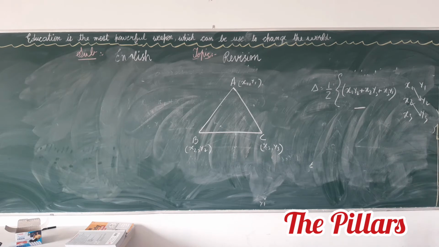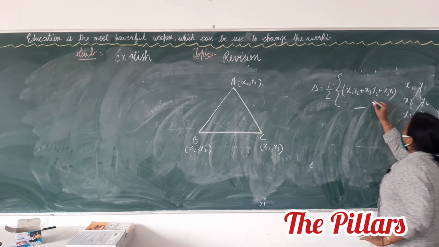Now, from where to start? From right to left. From here. See, how? x3, y2, x2, y1, and what is the last one? x1, y3.